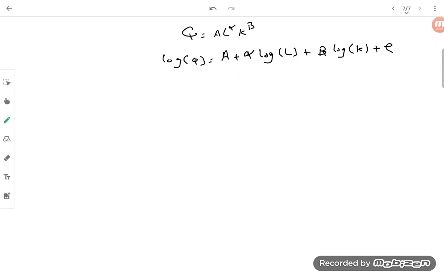After estimation, these are the results of the model.